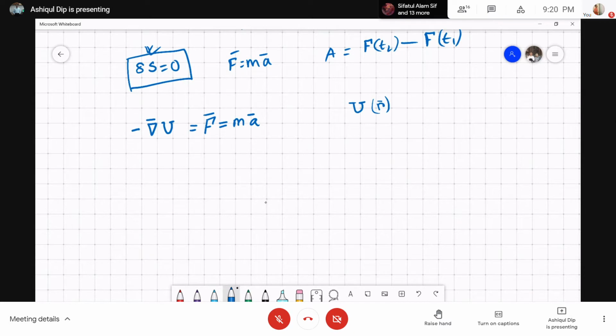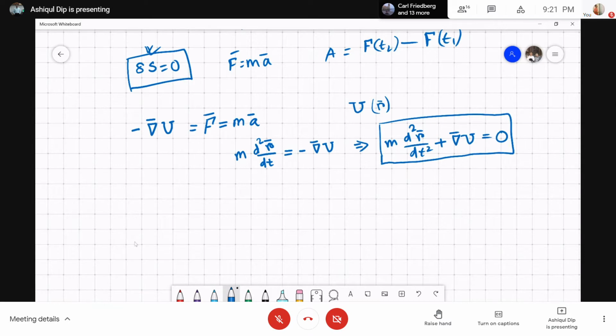Okay, so we are going to consider this to be true, that m d²r, where r is the position vector of the particle we are talking about, equals the negative derivative of the potential. If this is true, then m d²r/dt² plus gradient of U equals 0 as well, right? We are going to consider this to be true.